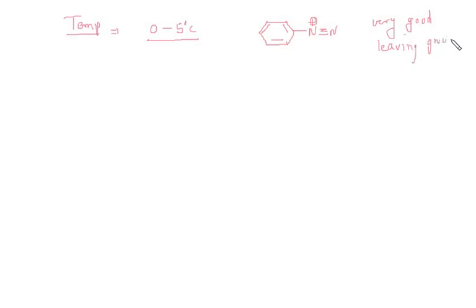So it may leave the reaction mixture as nitrogen gas, and finally we have this positively charged species. So care must be taken in the preparation of diazonium salt. The temperature should be around 0 to 5 degrees Celsius.